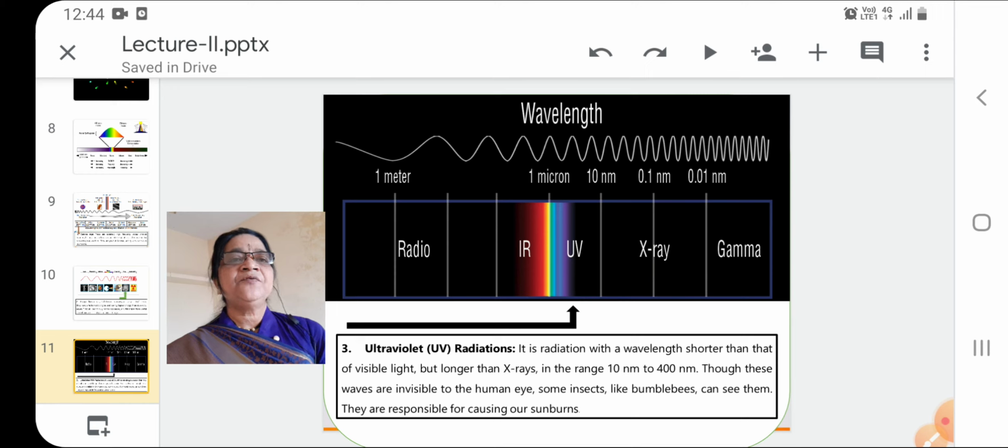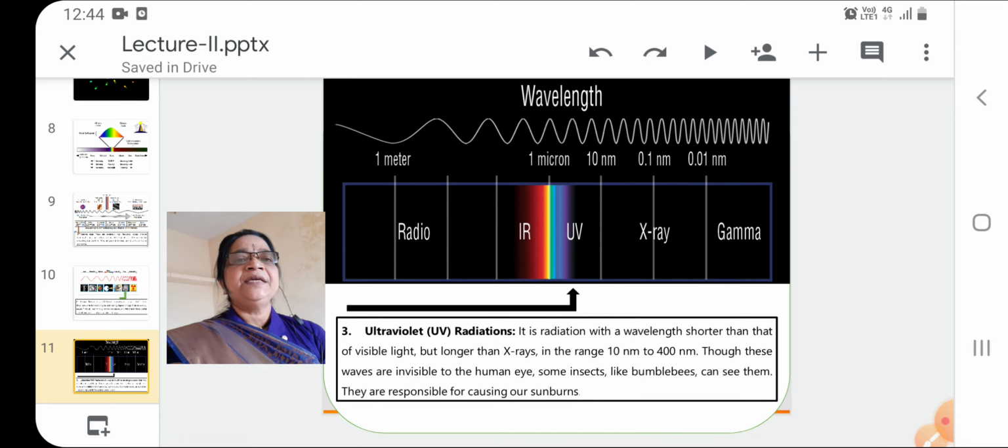See this figure, what it indicates, in the range of 10 nanometers to 400 nanometers. Though these waves are invisible to the human eye, some insects like bumblebees can see them. They are responsible for causing our sunburns. Now this is the UV radiation.